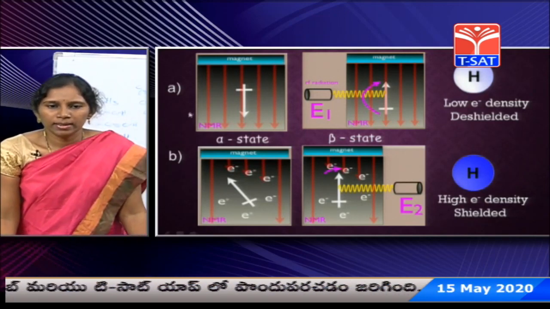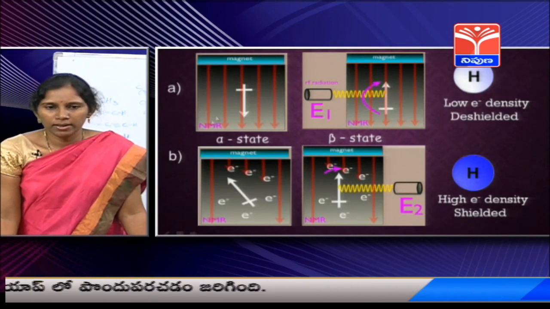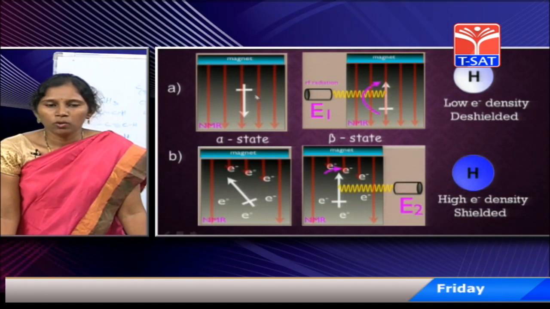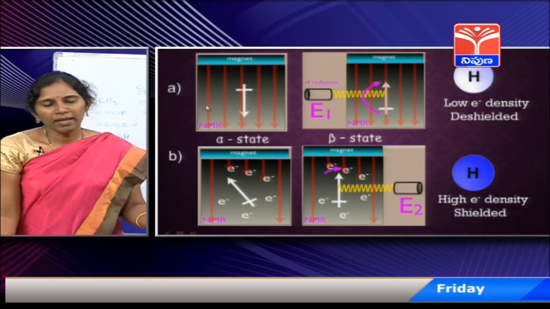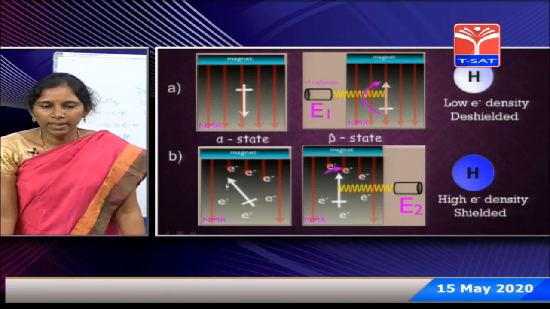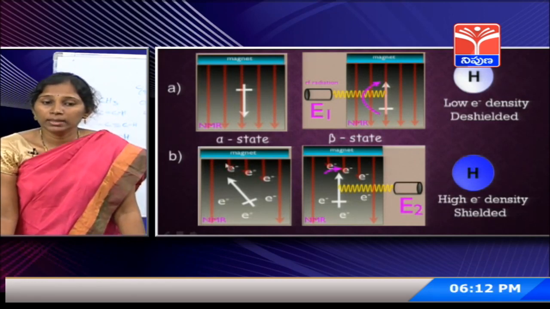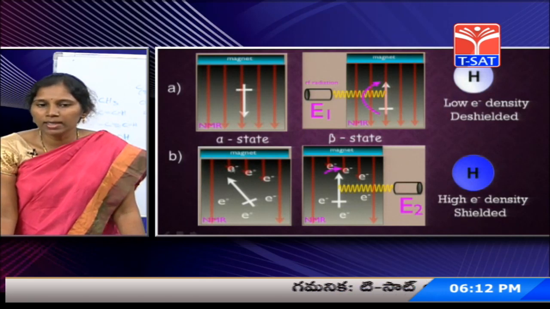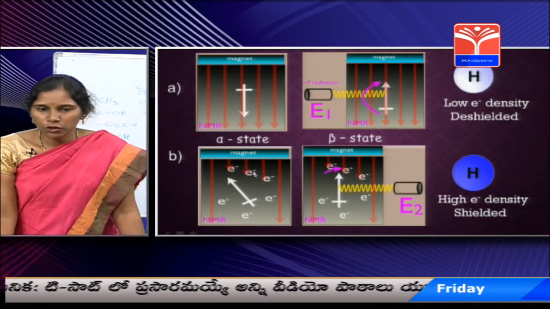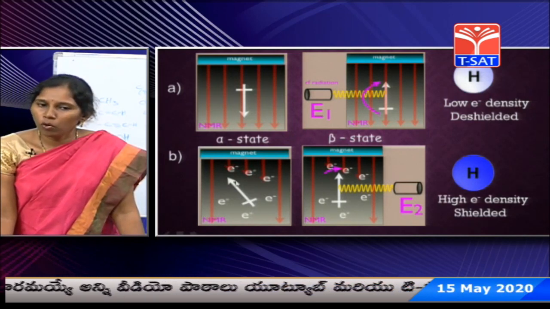Let us consider this field as 30 units, and in case of A, the white arrow, that is the nucleus, experiences 30 units of the magnetic field, but here the 30 units of magnetic field is opposed by some induced magnetic field. Let the induced magnetic field be 4 units.